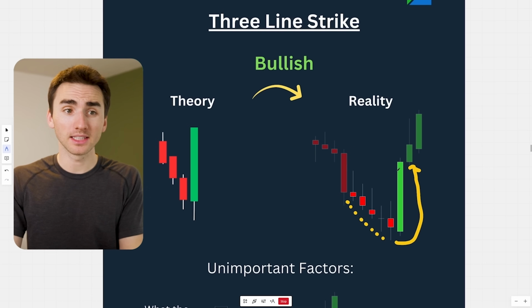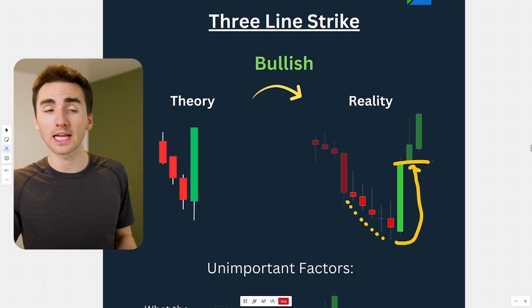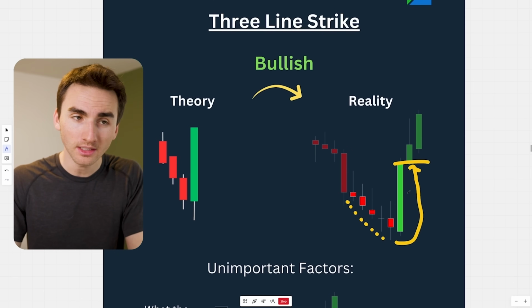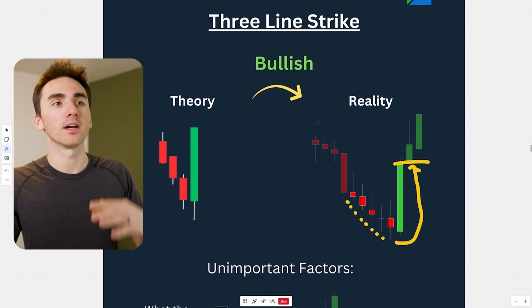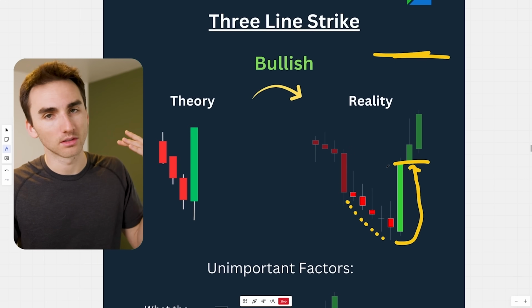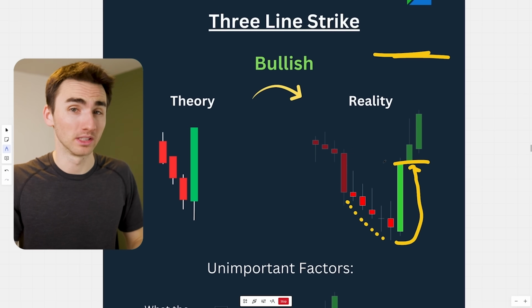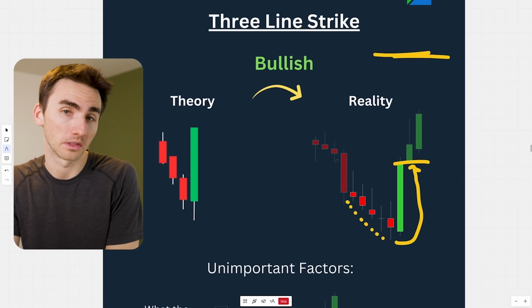Sometimes when the candlestick is this big, it can be hard or scary to get in because it feels like you're chasing. But if there's a big gap and your target is way up here, that can be really worth the trade. Some of those trades move really fast and are very favorable to get in.